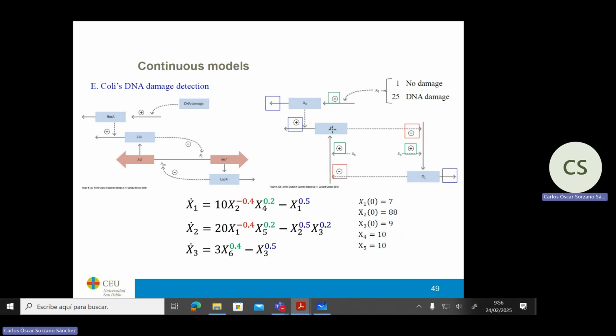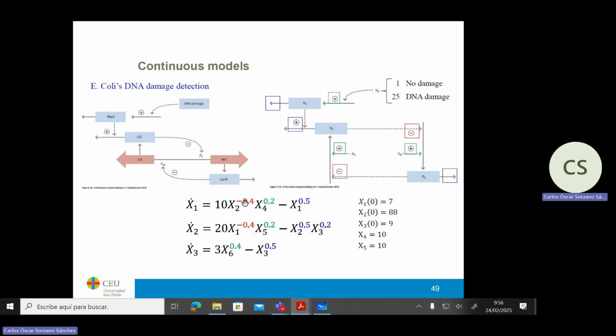And then you have to translate that into a concentration. So let's call them X1, X2, X3. Then you have these inhibitions or repressions, and you have to put them in. Let's say that we want to say what X1 is. We want to say that X2 is inhibiting X1, and X4 is promoting X1. So we can do that in this way. X4 is promoting X1, so the change of X1 over time will be increased by X4, right?